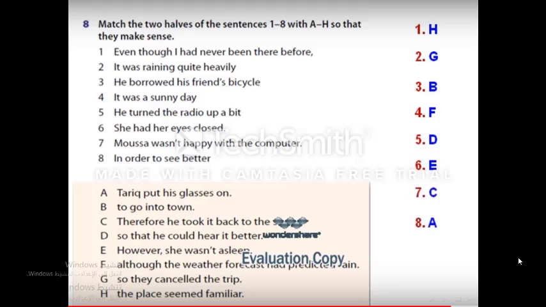Match the two halves of the sentences from 1 to 8 with A to H so they make sense. Number 1. Even though I had never been there before, the place seemed familiar. It was raining quite heavily, so they cancelled the trip. He borrowed his friend's bicycle to go into town. It was a sunny day, although the weather forecast had predicted rain.